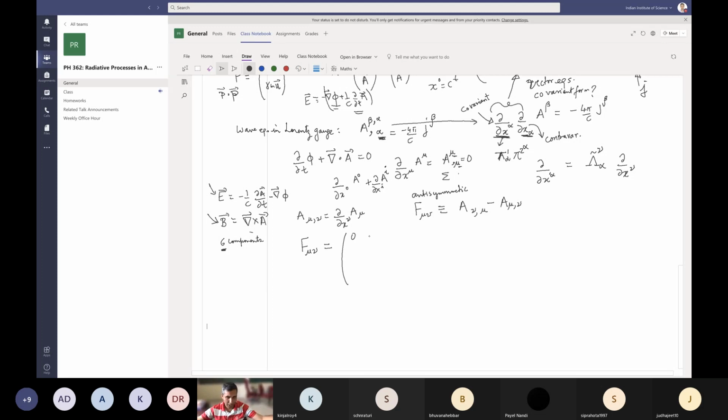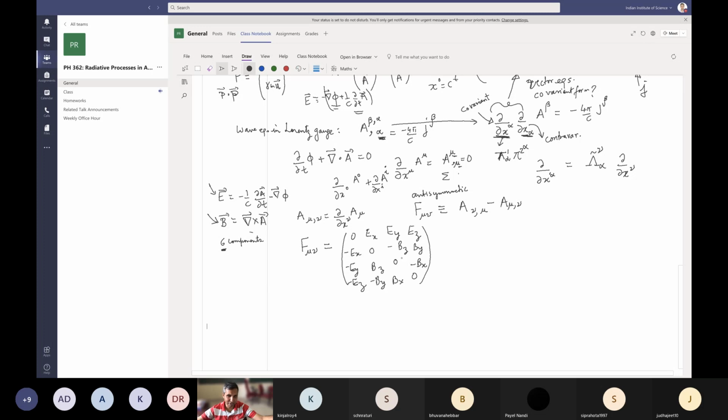So this is 0, Ex, Ey, Ez, and minus Ex. I mean, this is antisymmetric, minus Ey, minus Ez. Of course, there are zeros on the main diagonal. Then this is minus Bz, By, minus Bx, and by antisymmetry this is Bz, this is Bx, this is minus By.